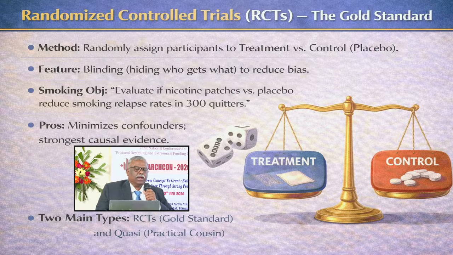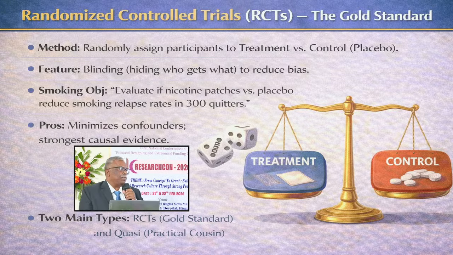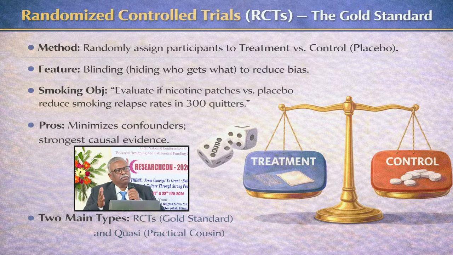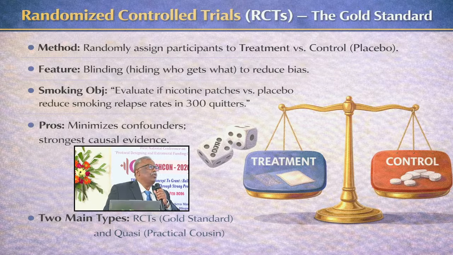The objective is to evaluate nicotine patches versus placebo on the smoking relapse rate in 300 smokers. Some will receive the nicotine patches, some will receive the old treatment. Forget about the placebo, sorry; the old treatment is there, that is the recent development.